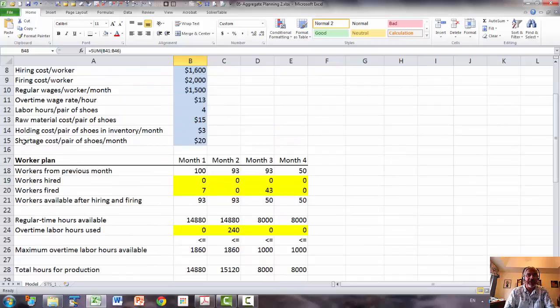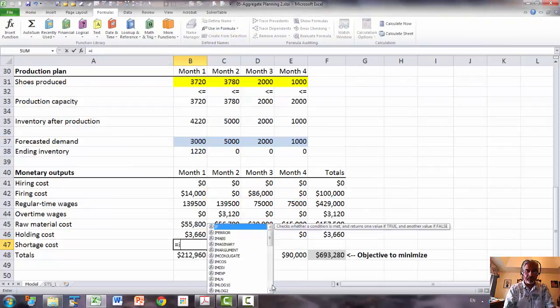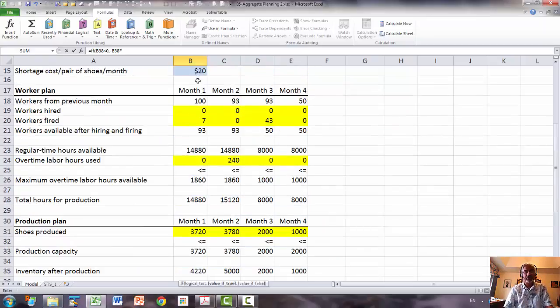Now we have to name this cell. Then shortage cost will apply only if the ending inventory is less than 0, meaning there is shortage. If that is so, then the shortage amount is minus of that, so it's a negative number. You have to convert that to a positive number. So minus B38 will give us, in positive value, how many units we are short, times shortage cost.